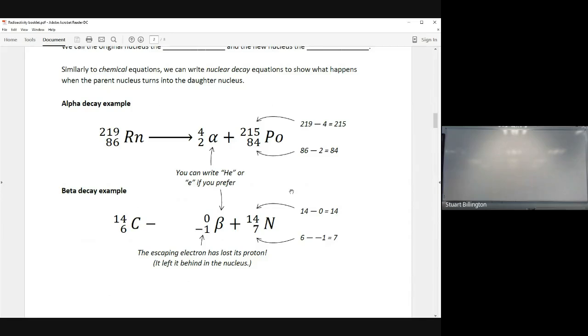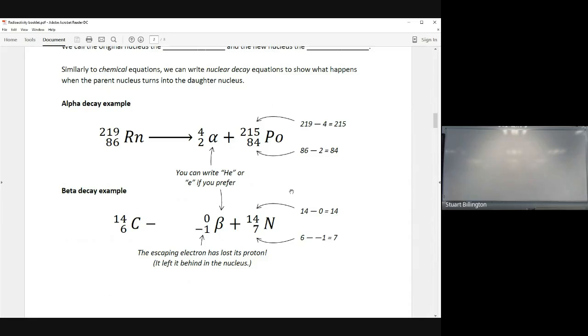So there's the beta decay example. And what we've got there is an element, carbon, which is the proud owner of 6 protons. And it also has 8 neutrons. 6 plus 8 is 14. And it's going to beta decay. And what that means is that when it beta decays, it's going to turn one of its neutrons into a proton.